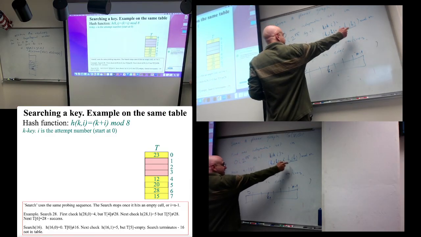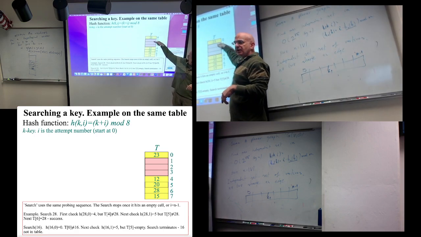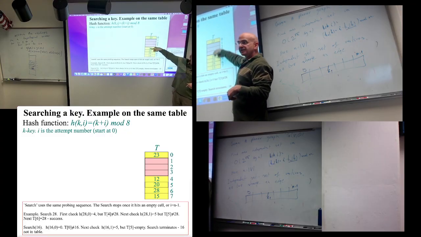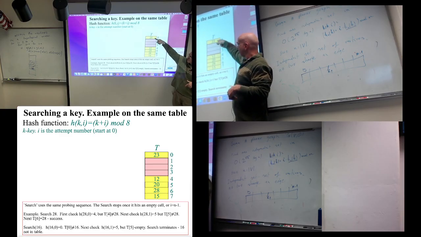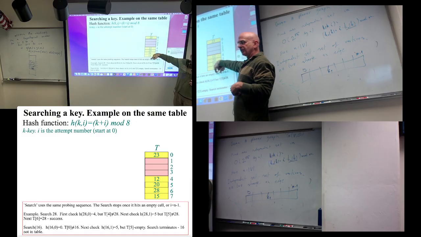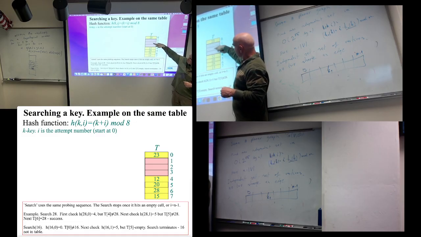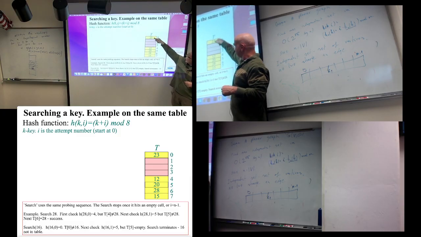And with this strategy, the only warning was to make sure that h2 of k, the size of the jump, does not divide the size of the table. Like, if the table has 8 slots and the jump is of size 4, then from location 4, I'll jump to location 8, which is 0.